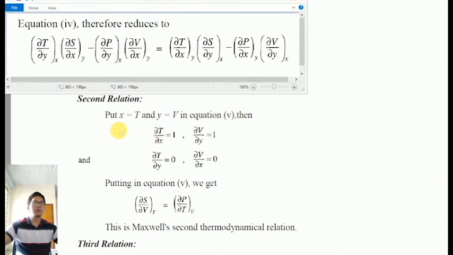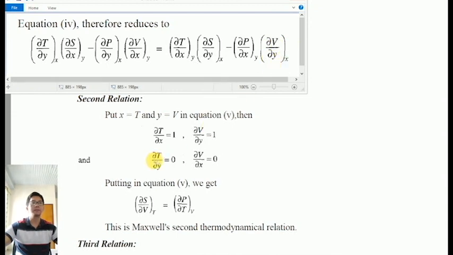So put x equal to t, then y equal to v. Here del t by del t is equal to 1, and del v by del y is equal to 1, because y equal to v and x equal to t.